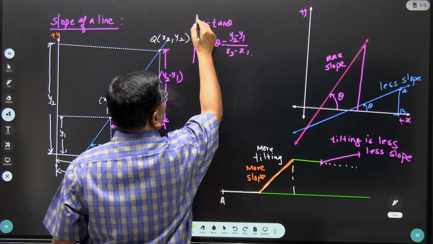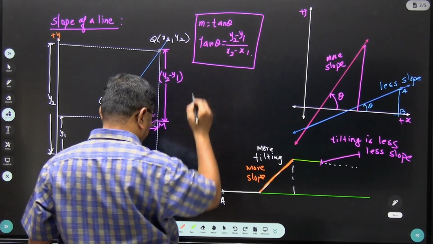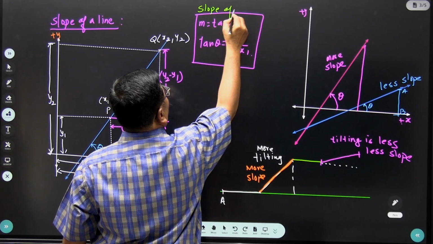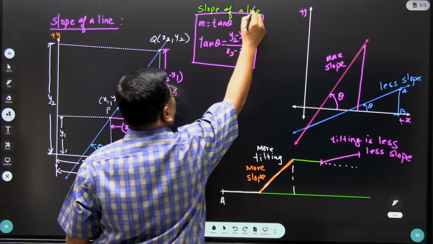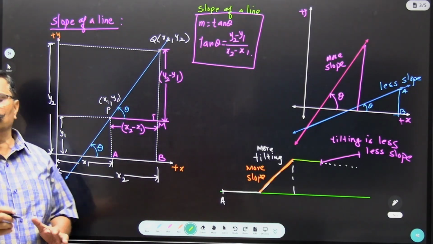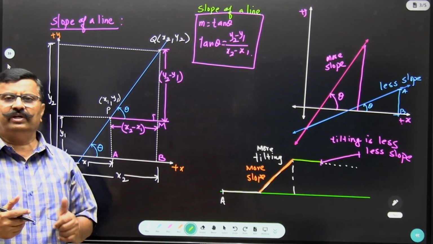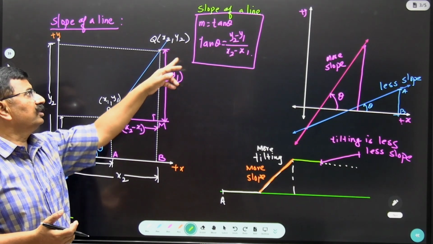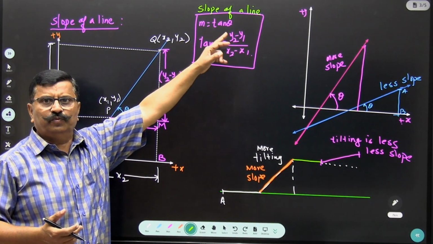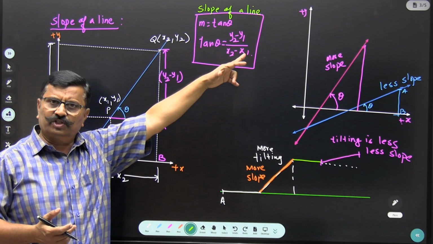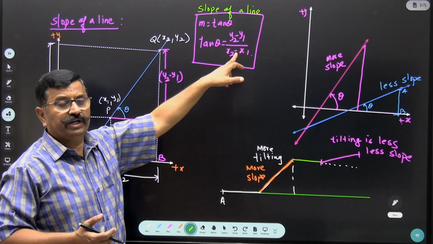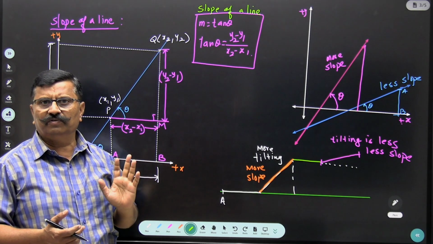Therefore the slope of a line is given by this formula: tan theta is equal to y2 minus y1 divided by x2 minus x1. Please note this. This is the y coordinate of the second point minus the y coordinate of the first point, divided by the x coordinate of the second point minus the x coordinate of the first point.